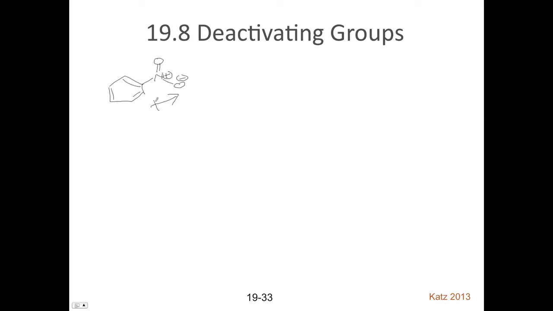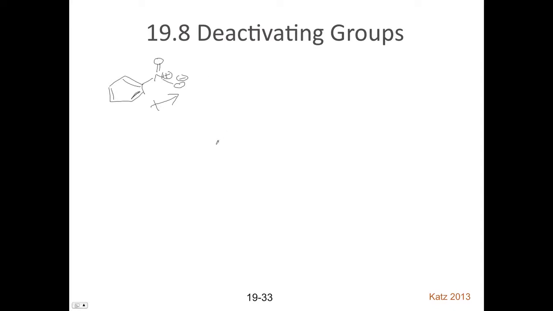So you're pulling electron density away from the ring, making the ring less electron dense than it is right now. So this is why, inductively, this is electron withdrawing. Just by induction, it is pulling electron density away from the ring towards the NO2 group here.